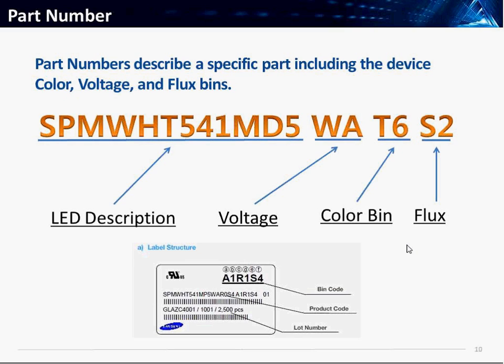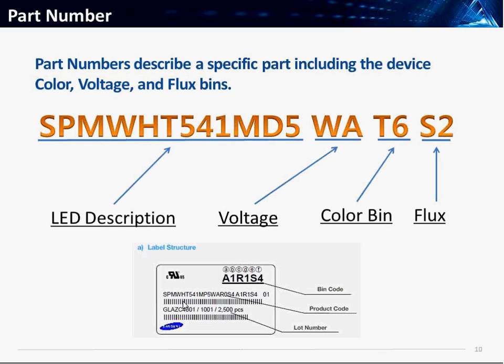So they ordered a whole bin, but which bin do they get? And remember, with the yield data, we don't always equal out on all the various colors. So they got a WA for voltage, and they got an E6 for the color bin, 2 rank. We also label every reel, and it's right off the data sheet.